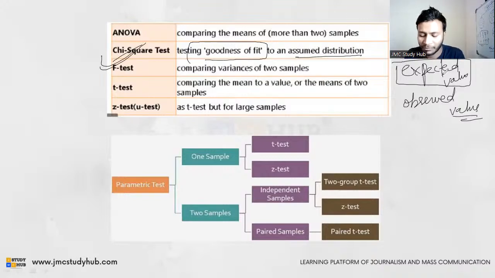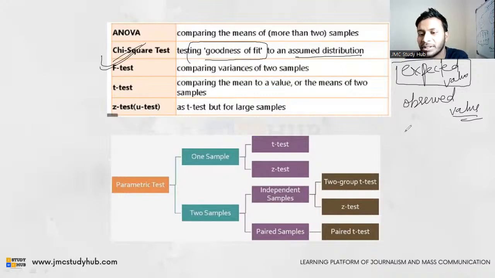Now there are two variables, right? And you want to see the association between the two variables, and there is your expected value, the researcher's expected value, and the observed value, and what the difference between them is coming to. So you will find the association between those two variables, and that is done by the chi-square test only.